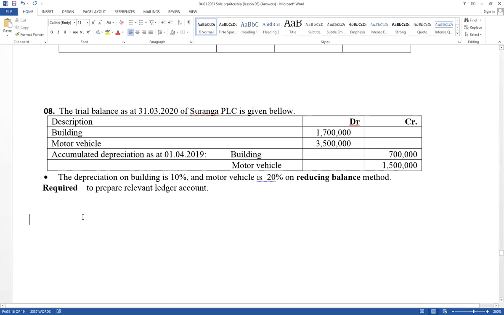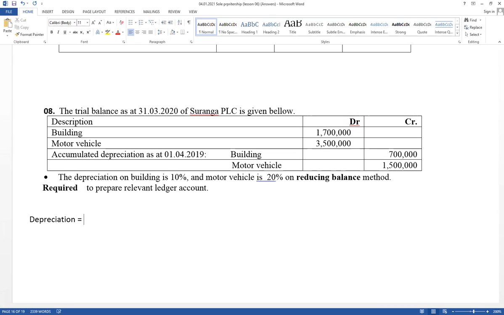Therefore, the equation: depreciation equals cost minus residual value.